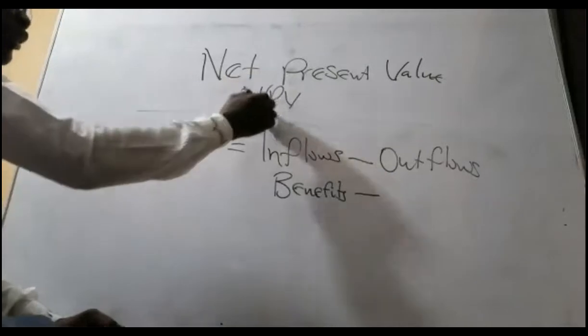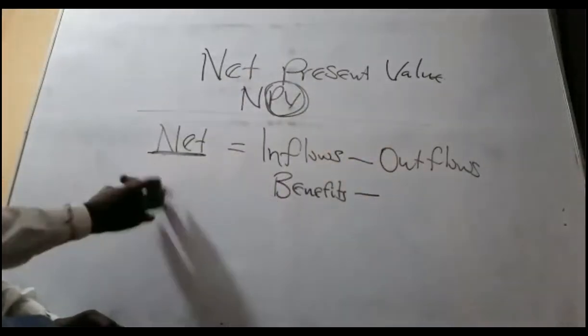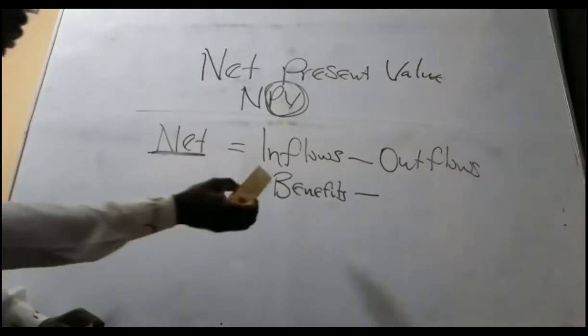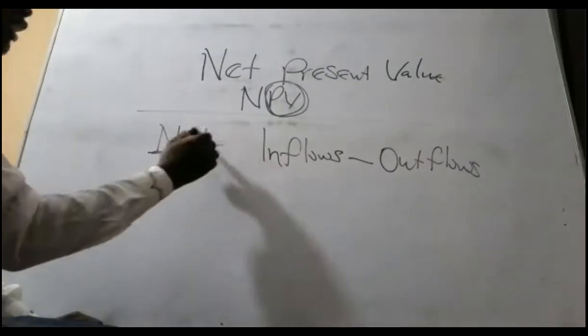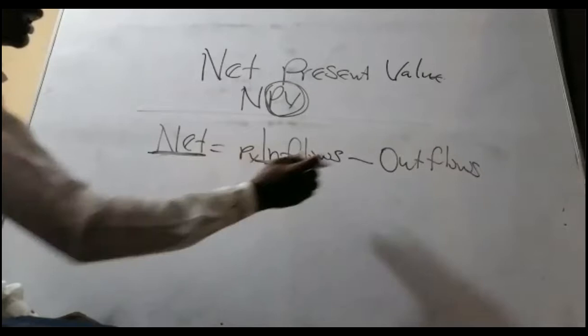Now let's go to the present value. After you get the net, find its present value. So in short, I can find the present value of the inflow less the PV of outflow. That's the formula.